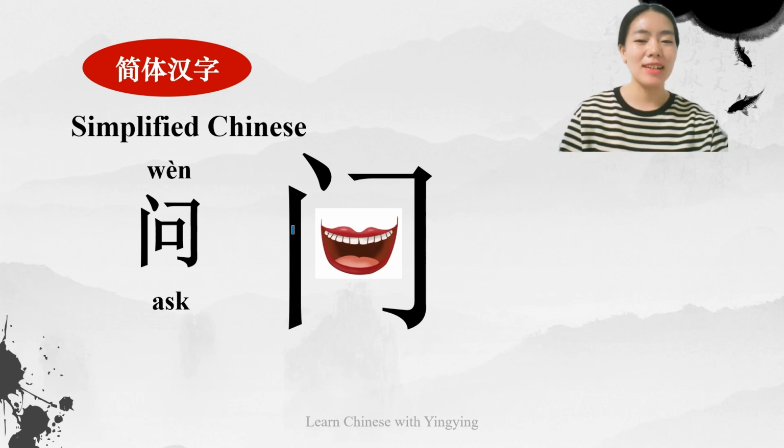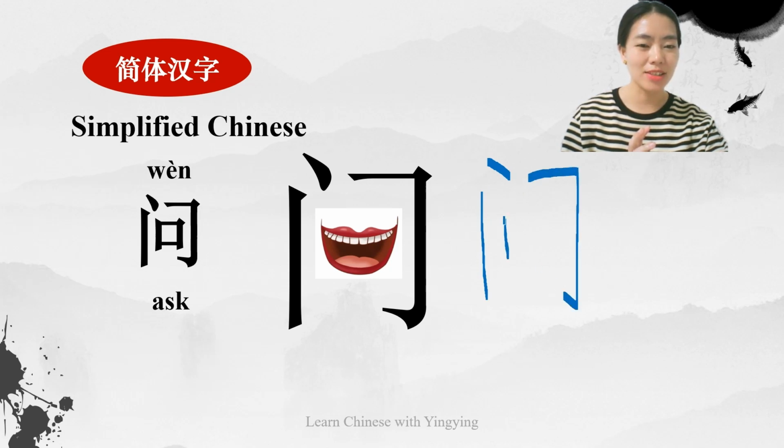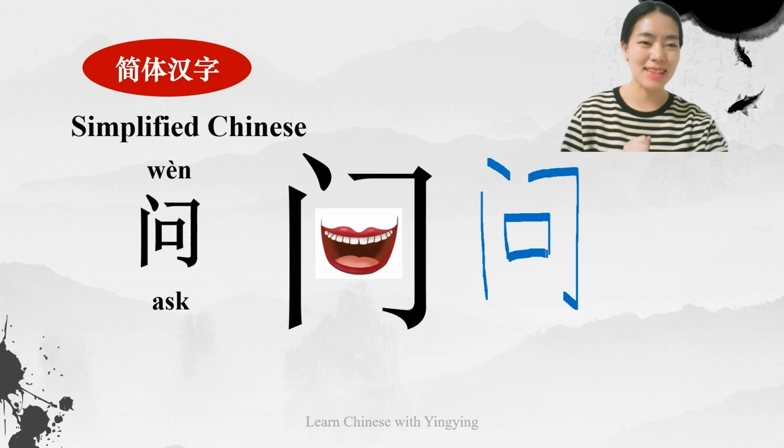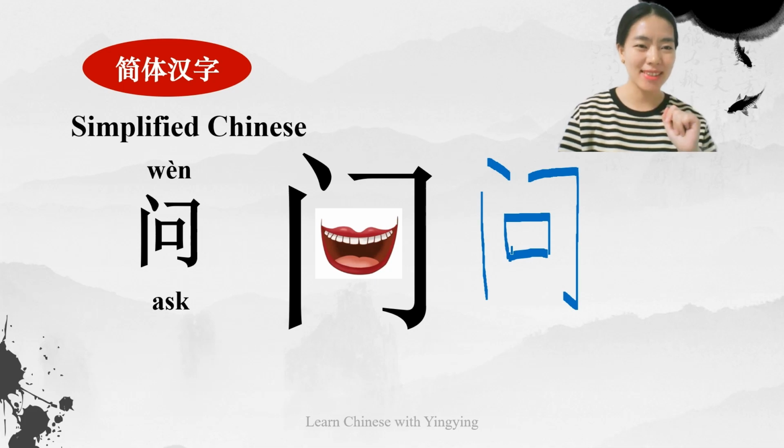So it's like a mouth inside the door. It means ask. So let's write it together. The same writing rule. The door and just a mouth inside. It means ask. So this is 问. 问. It means ask.